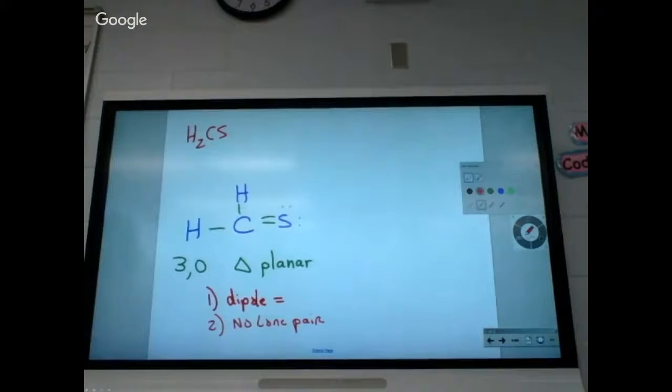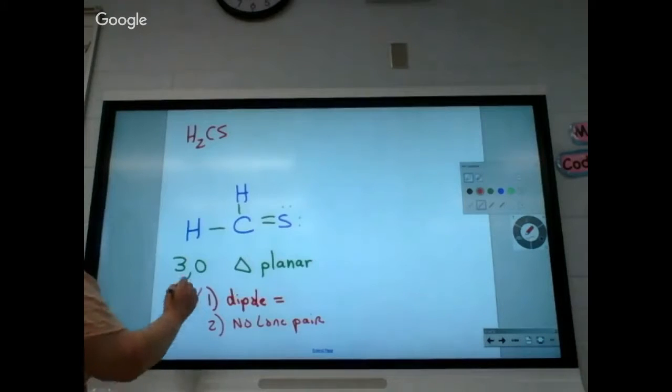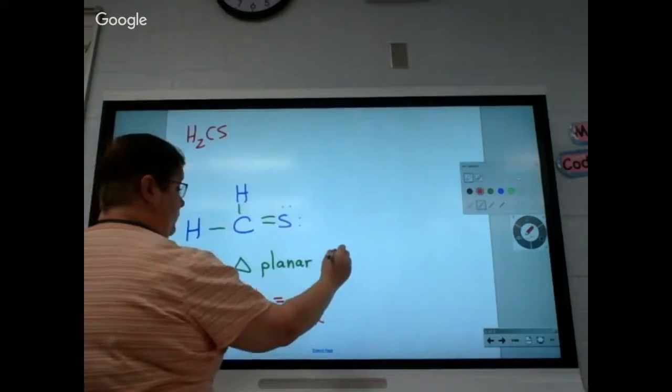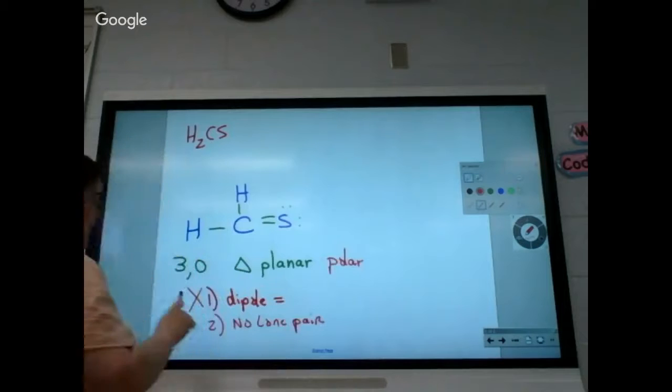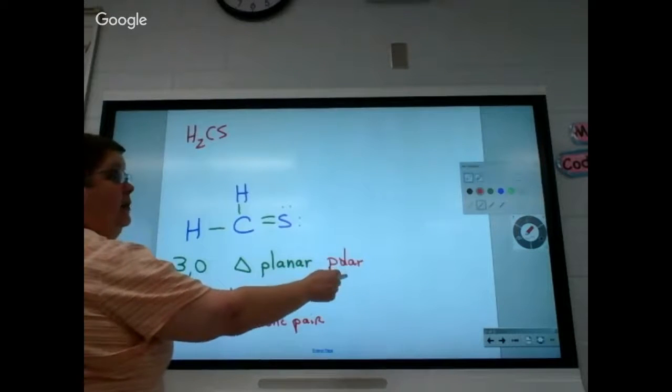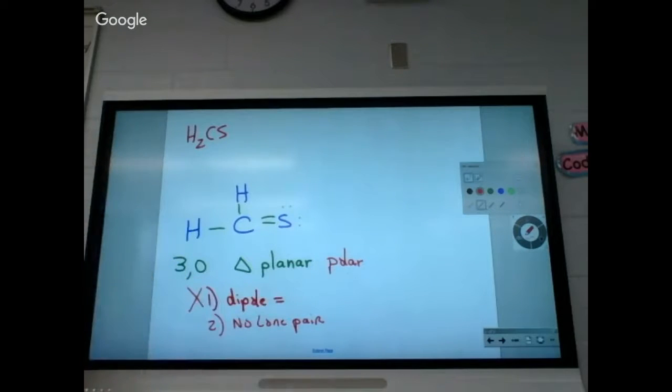As soon as you can say all 3 bonds are not between the same 2 elements, the dipoles are what? Are they equal? As soon as you say no to that, it is polar. If you meet both rules, it was what yesterday? It was non-polar if you had 2 check marks. As soon as you say no to either one of these, it's automatically polar. Okay?